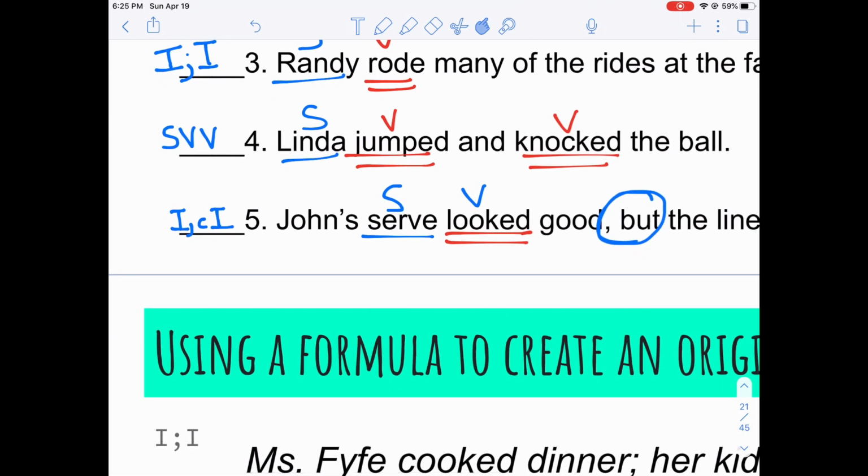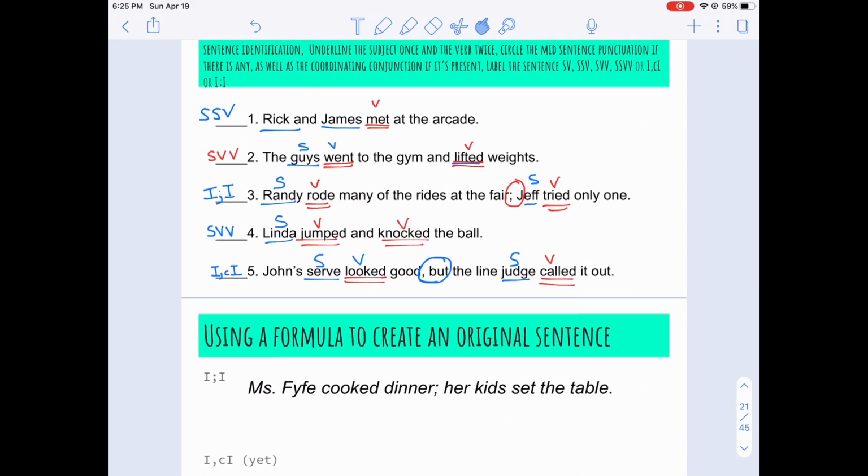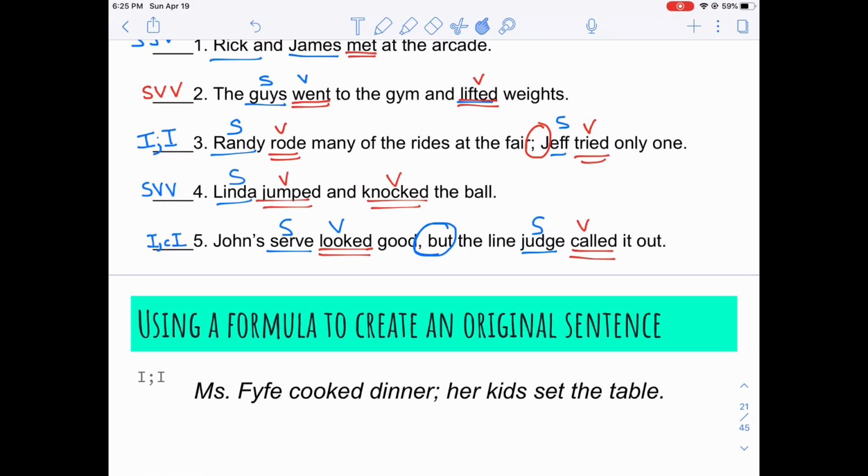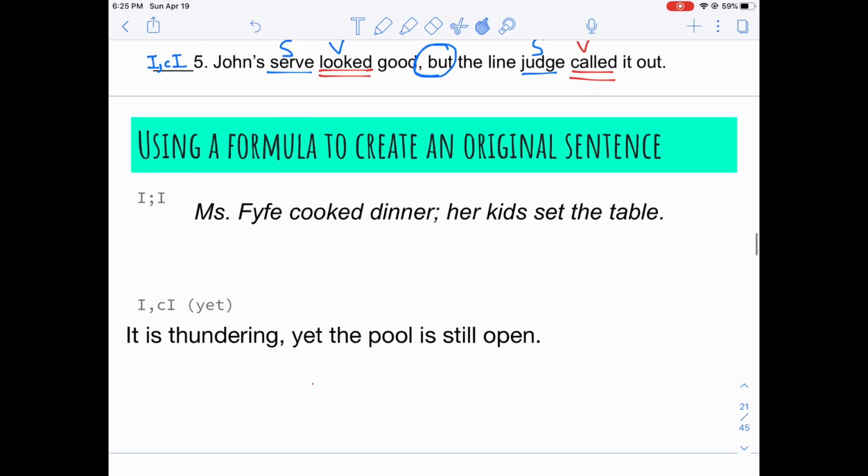Ta-da, first 5 done. Now I noticed at the bottom it asks you to use a formula to create an original sentence. I did just that. The first one gives me the formula I semicolon I. Here's my semicolon. Miss Fife cooked dinner; her kids set the table.